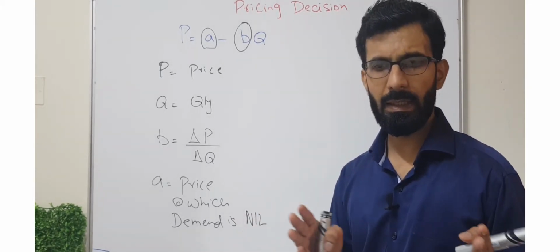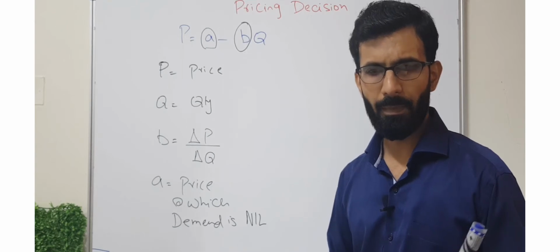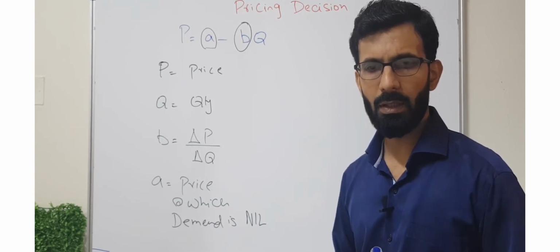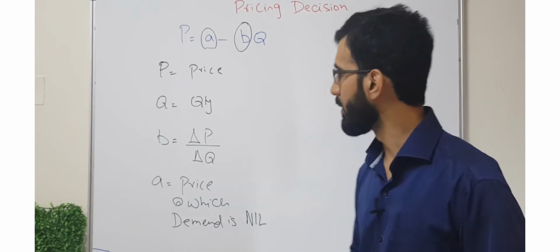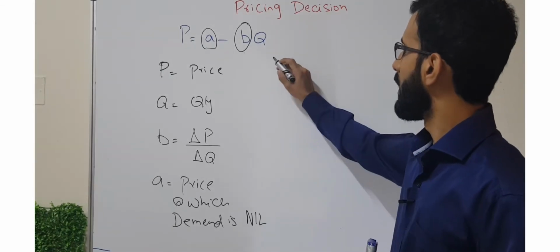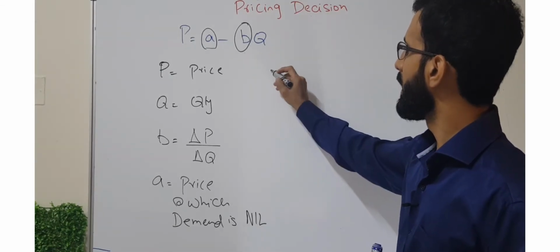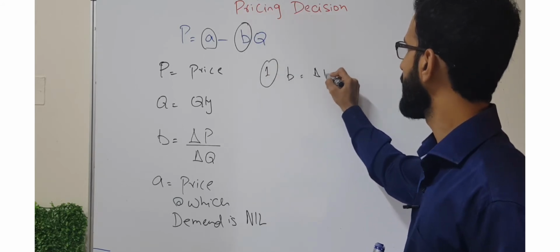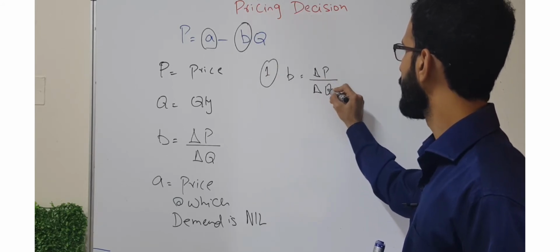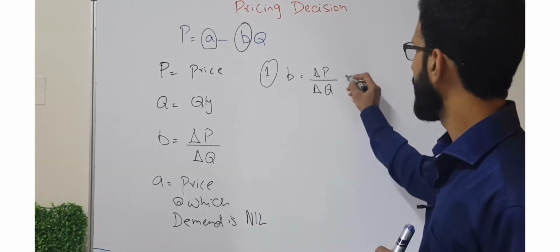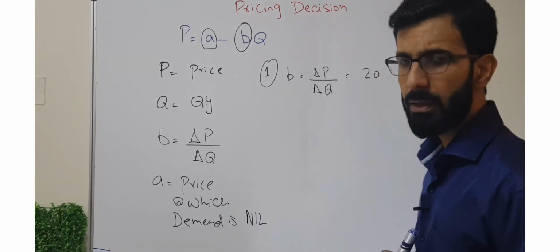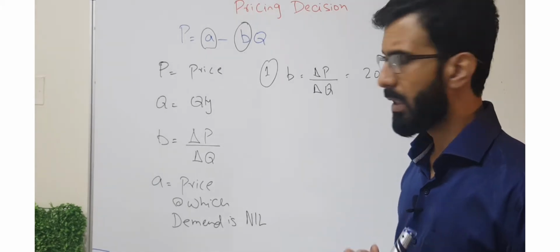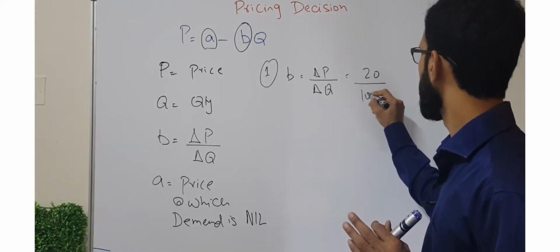We will take the selling price of, let's say, $140, where the demand was 2000 units. So first of all, we need to determine the slope, change in price divided by change in quantity. In the example which we used earlier, the change in price was $20, and the change in demand was 1000 units.